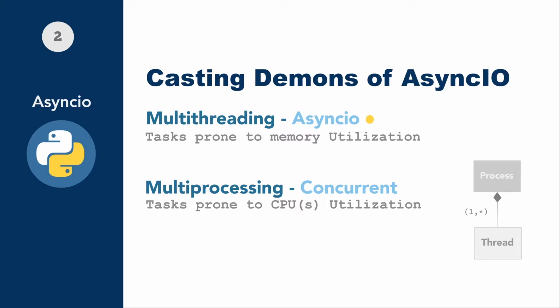A process aggregates threads. So for each process, we have at least one or multiple threads. That's pretty simple. So make sure that you understand what is a process and what is a thread before going further with asyncio.